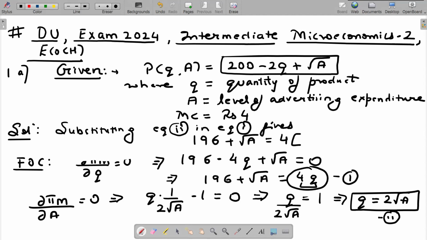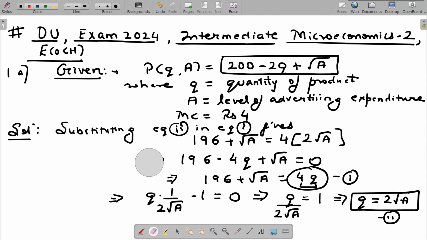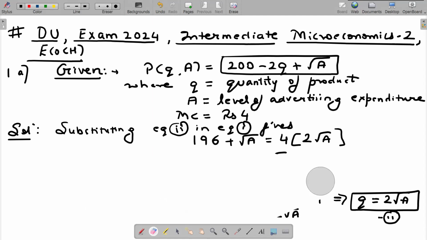But what is Q from the second equation? 2 times square root of A. Now students can see we got everything in terms of A, so we are just going to solve for that.